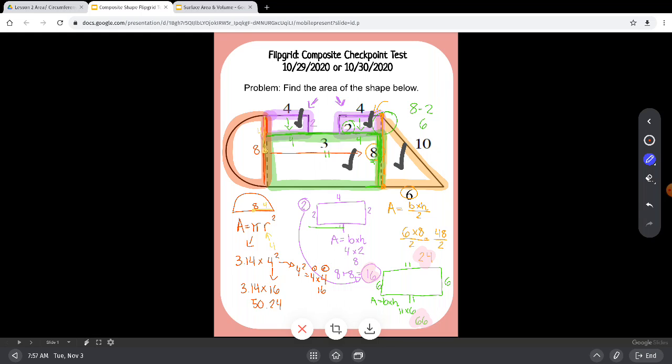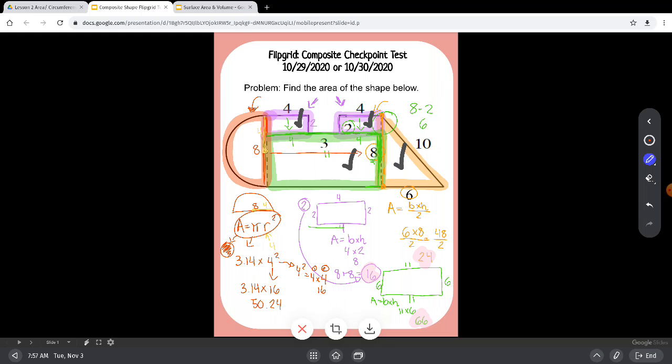But we're not done yet. Remember, this formula is trying to find the area of a full circle. If I had a full circle and tried to find the area of all of it, that's what we're trying to find. However, we're not given a full circle right here. We're given a half circle. So it's up to us to figure out what is half of 50.24.